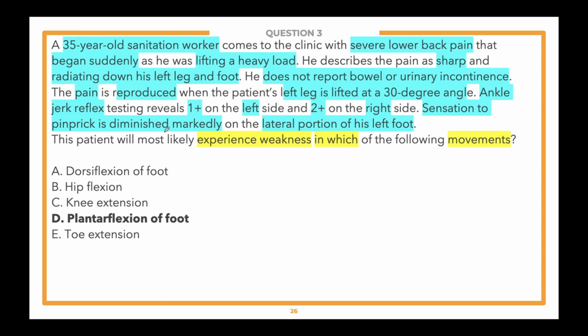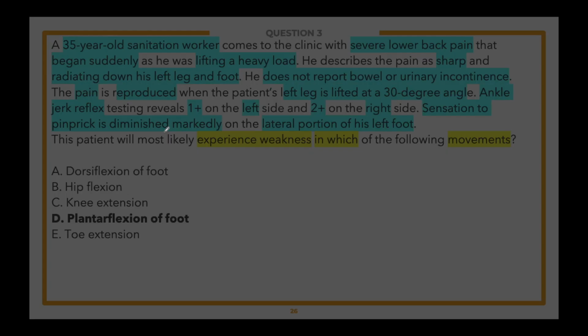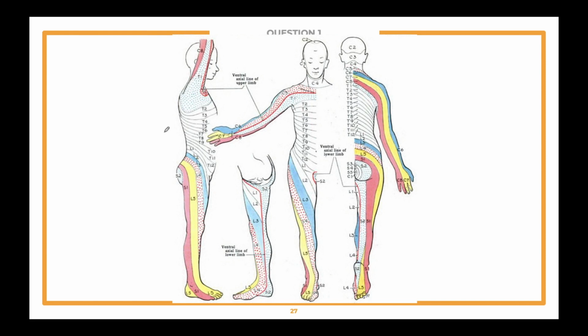So we know that this patient has a decreased sensation on the lateral part of the left foot. Also, decreased ankle reflex. So let's take a look at the next slide, and what we have there are our dermatomes.